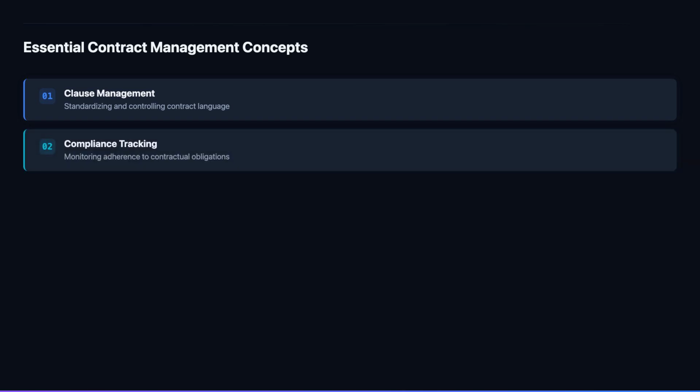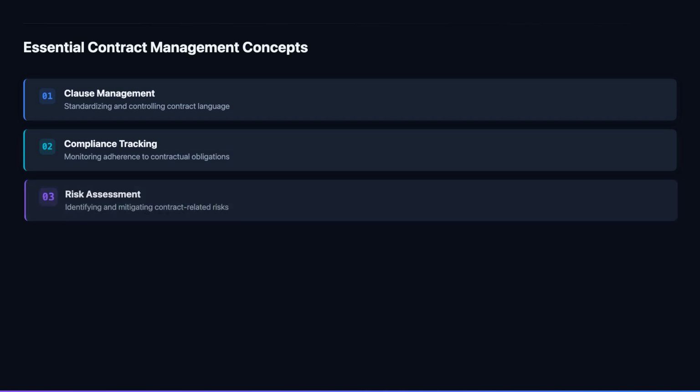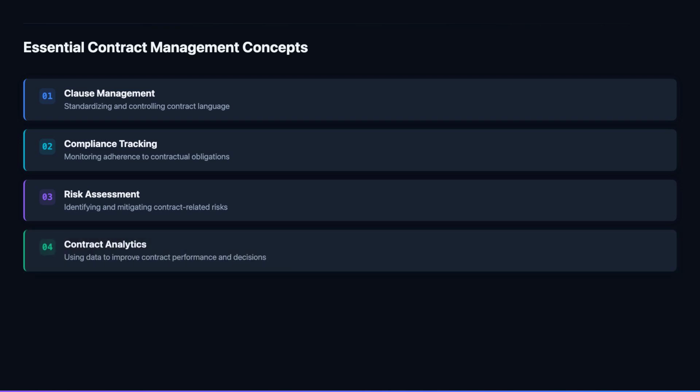Systematic compliance tracking catches breaches early, before they escalate into disputes or financial losses. Every contract carries risks that must be identified, quantified, and mitigated through appropriate terms and monitoring. Analytics transforms contract data into insights that improve negotiation outcomes, compliance rates, and renewal decisions.